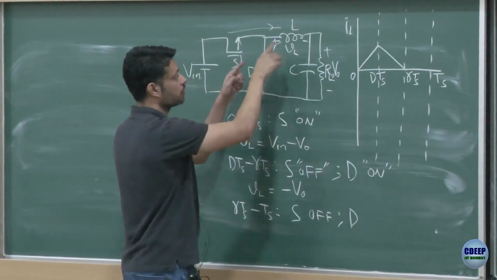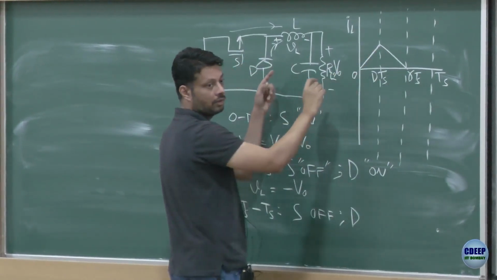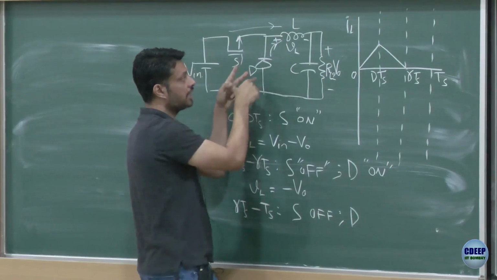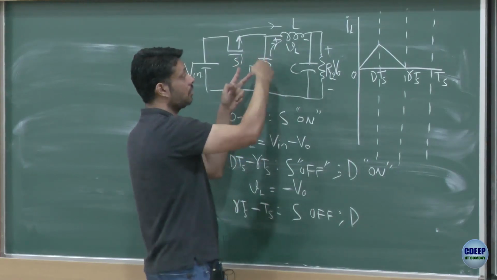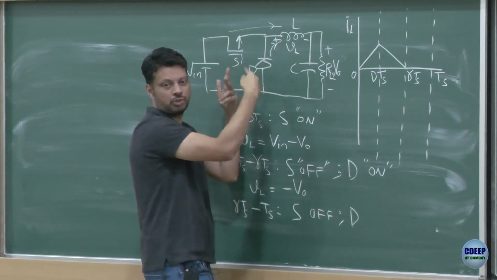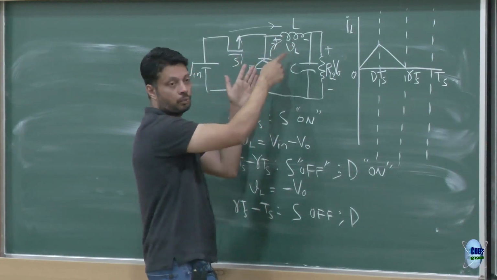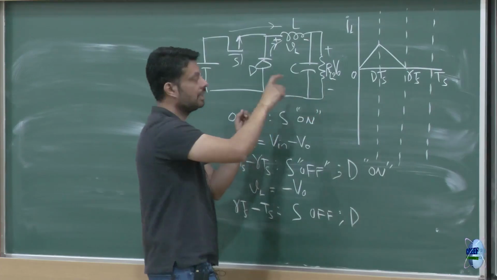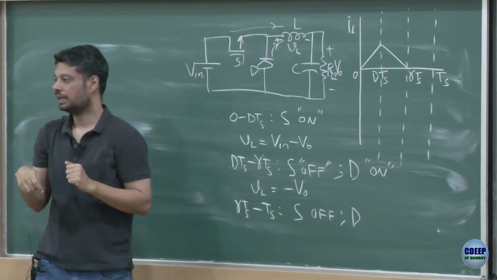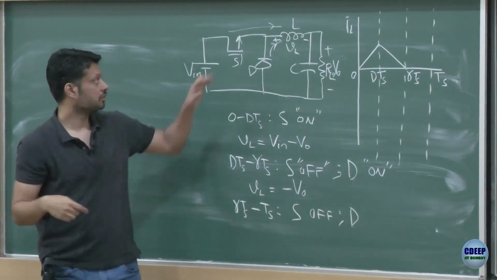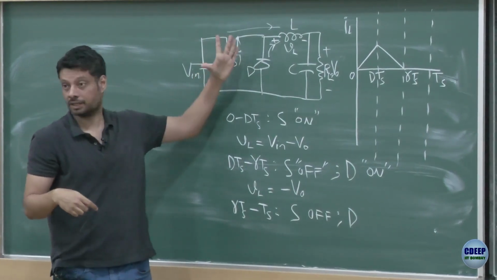So this current was flowing, it came to 0. Naturally, instead of a diode, if you had a short circuit, current would have reversed, but now because it's a diode, current cannot flow in the reverse direction. So there is no option but for this current to become 0 and remain at 0, and therefore this diode is open, right? So this is open, this is open.